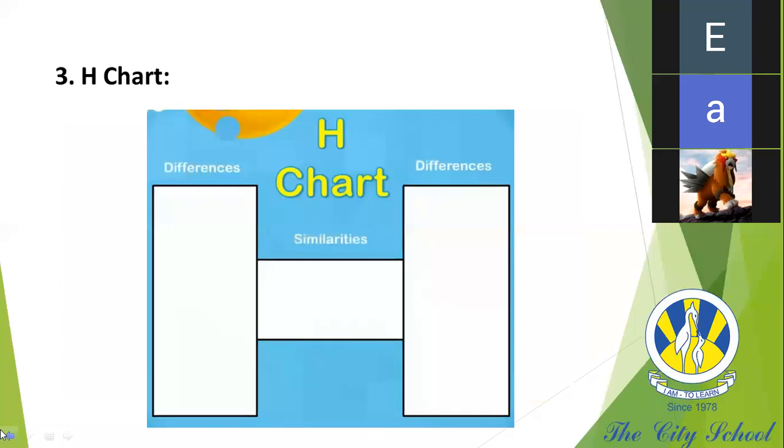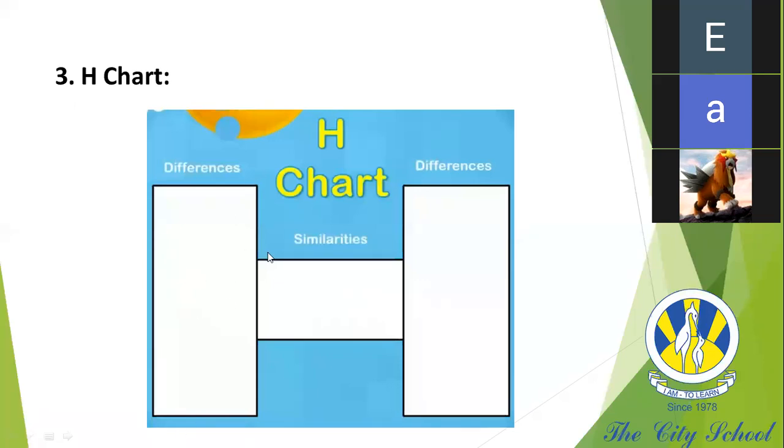Now, another one which may be new to you. This is the H chart. Similarities in between and differences on the side. Again, these are all variants of the Venn diagram. This is what we are doing in the Venn diagram, just the shapes are changing. The H chart is in front of you on your screens.